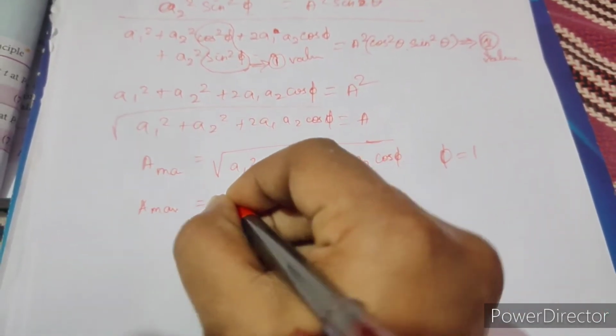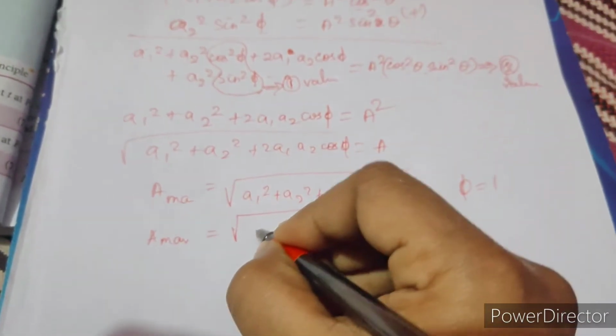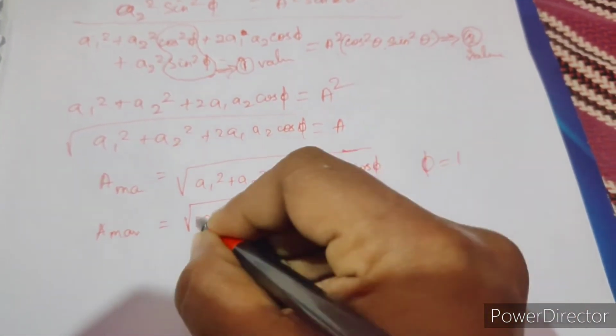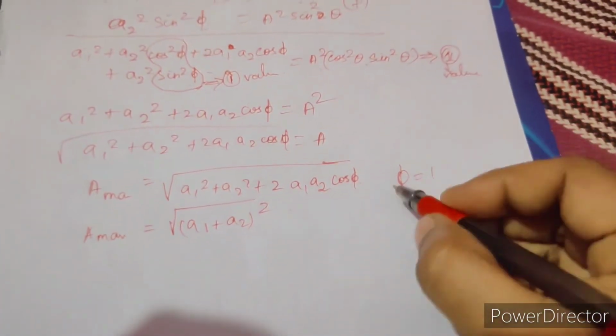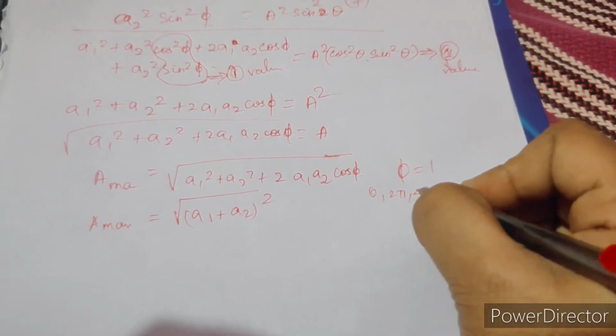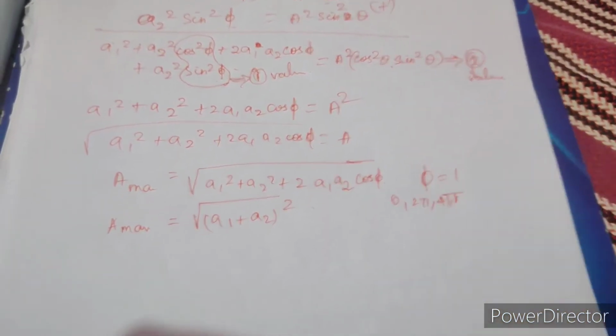So A maximum is equal to the root of (A1 plus A2) the whole square, only for values like 0, 2 pi and 4 pi.